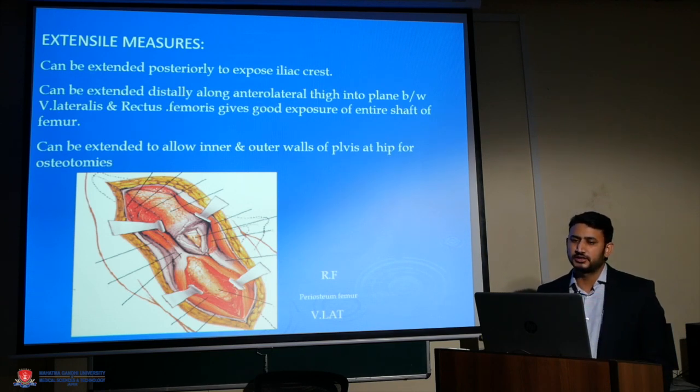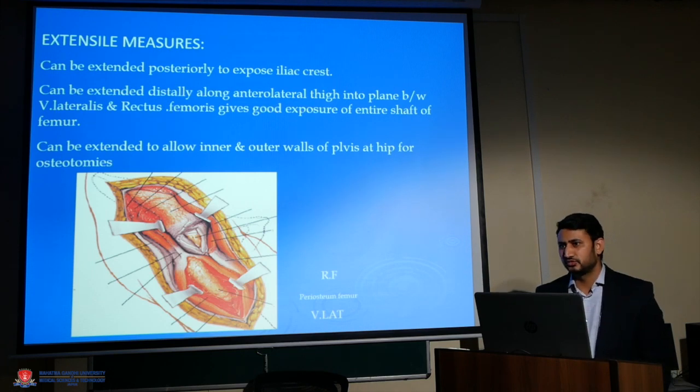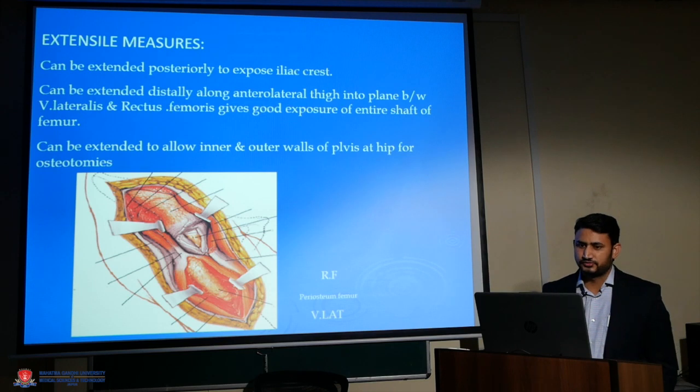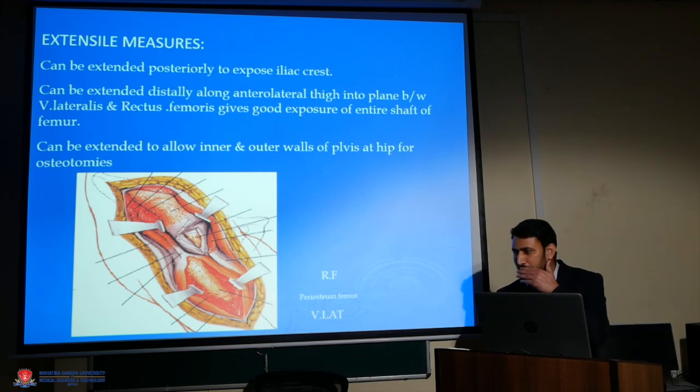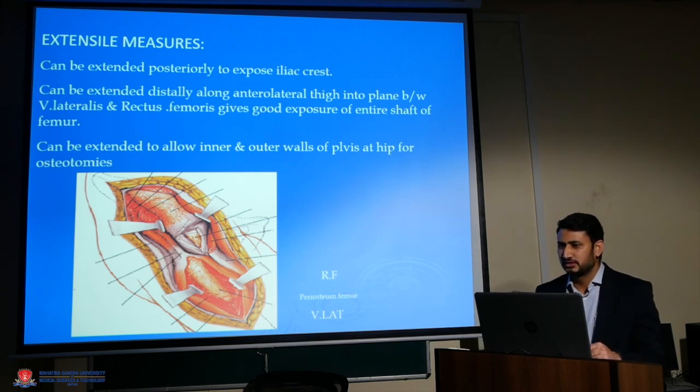Distally we can open up the whole thigh through this approach, and proximally we can go up to the posterior part also, and we can access the iliac fossa also. So we can use this approach and extend it to further access in pelvic tumors or excision of the tumor, or in pelvic osteotomy.